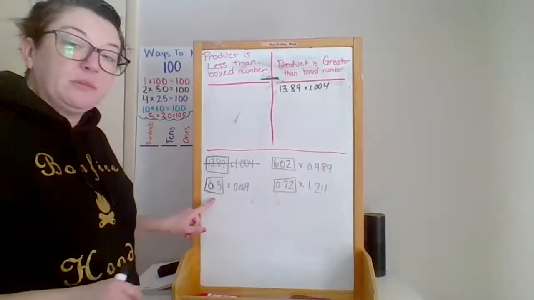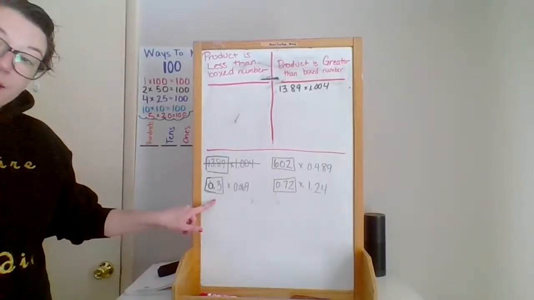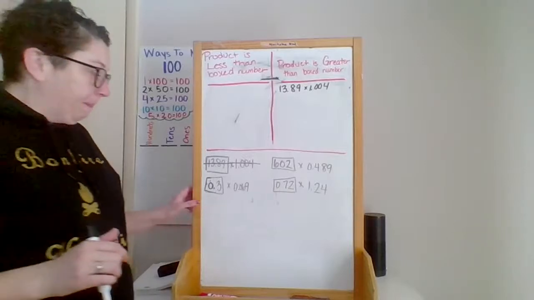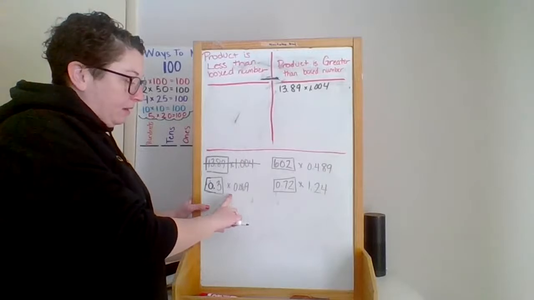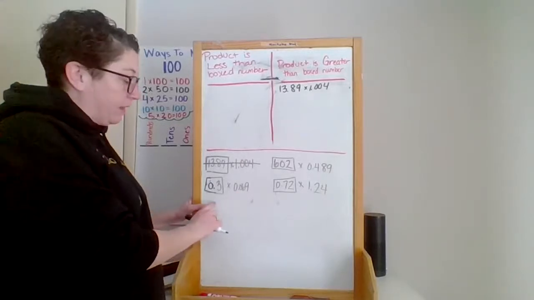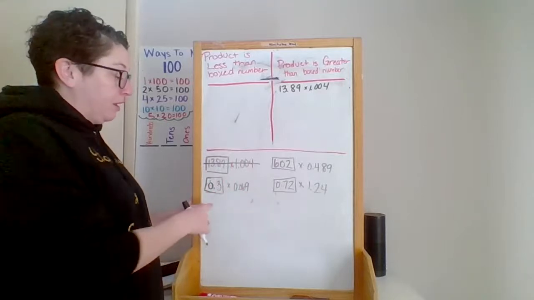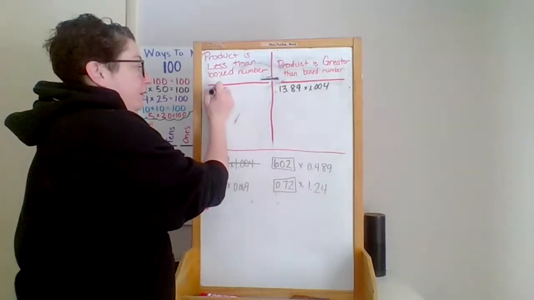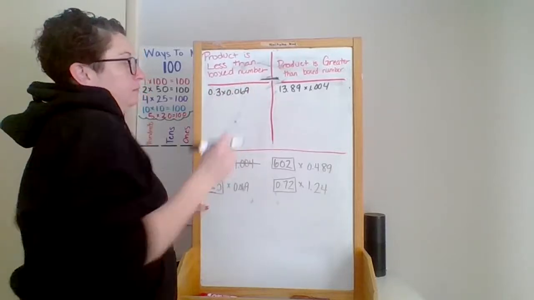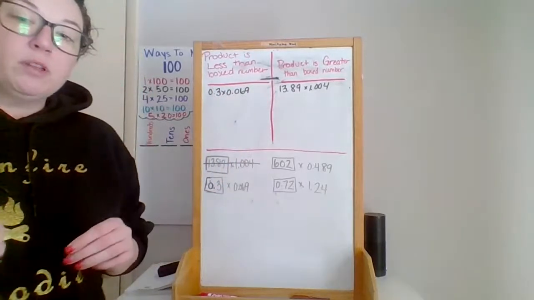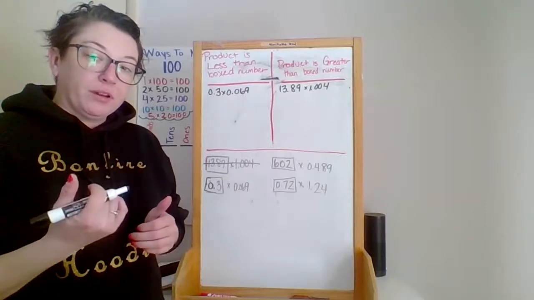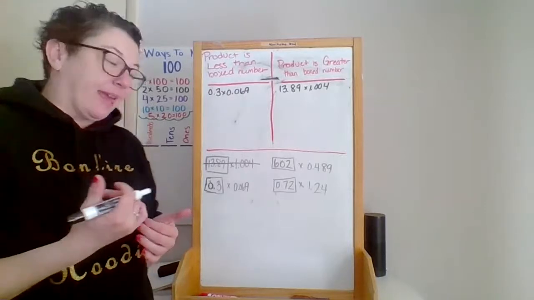Is the product going to be greater than 3/10 or less than 3/10? If this is less than 1 whole, this is going to get smaller. So this is going to go over here, even though we're multiplying by a fraction that's less than 1. So the product is going to be less than that.